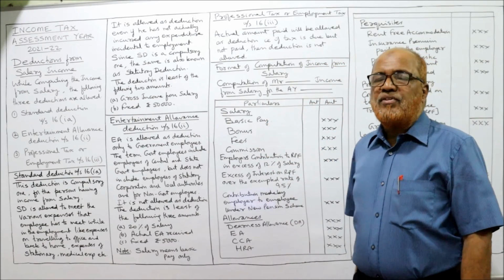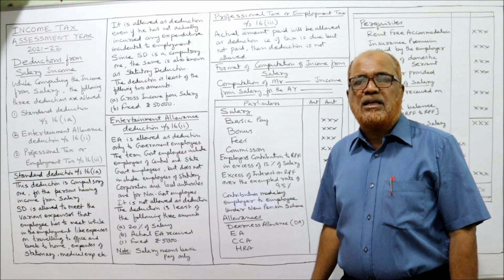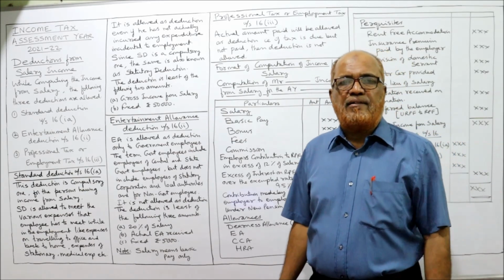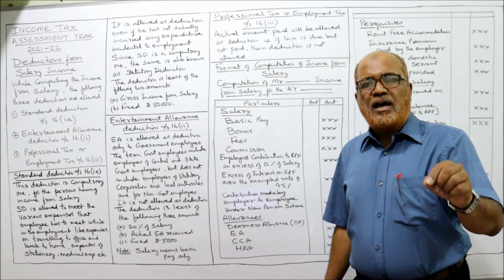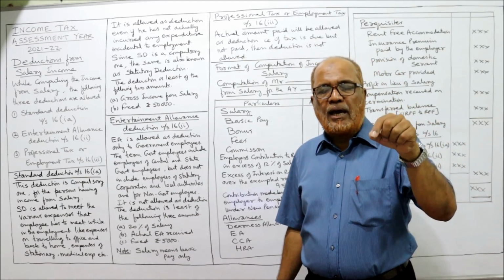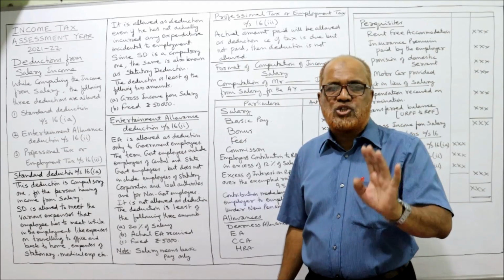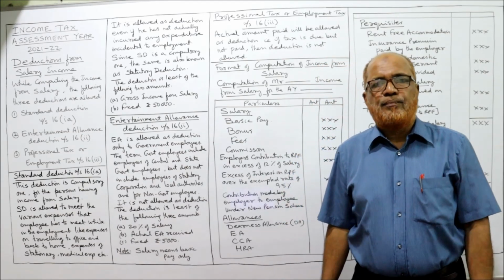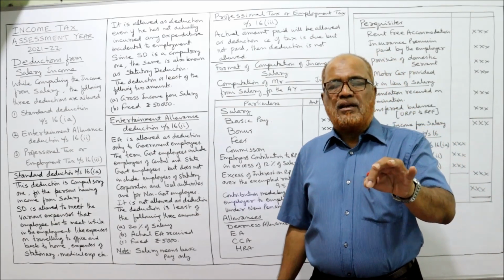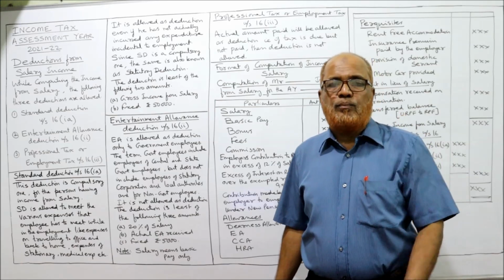Now, professional tax or employment tax under section 16(iii). This is the last and final deduction. If an assessee has paid professional tax or employment tax during the year, he will be allowed a deduction under section 16(iii).